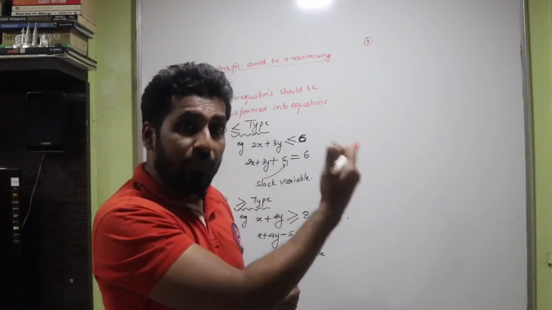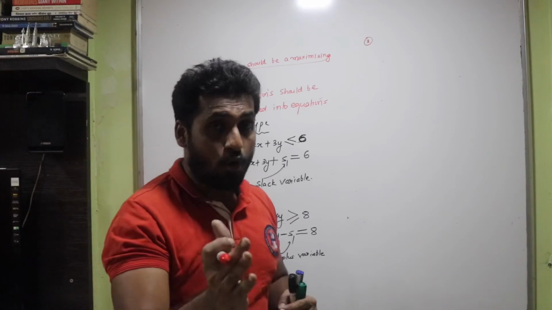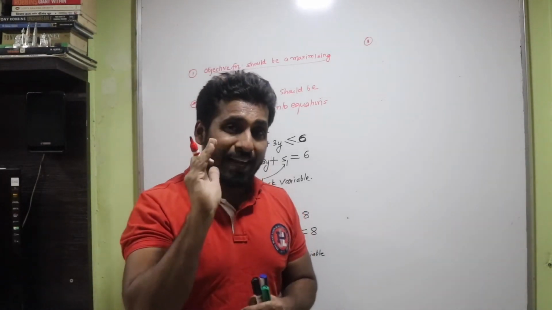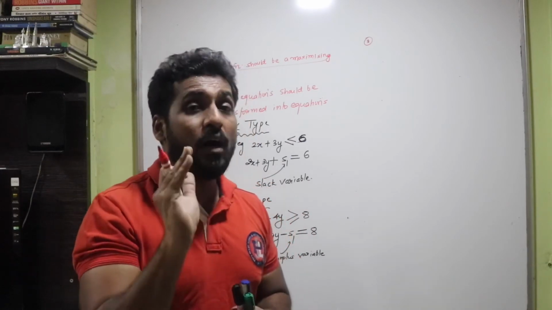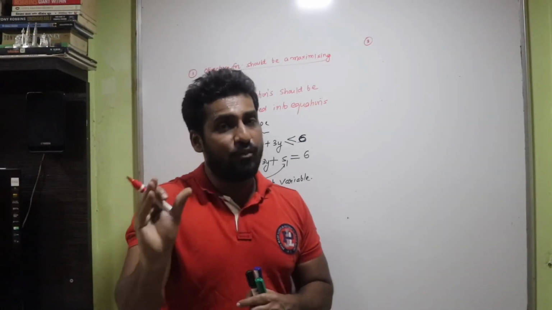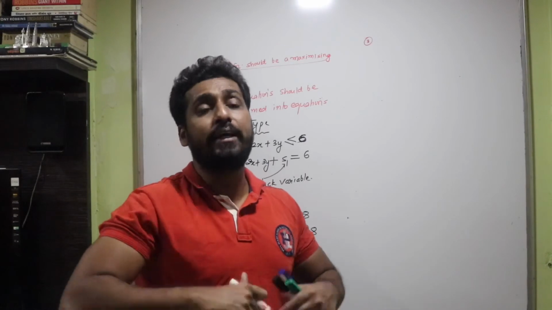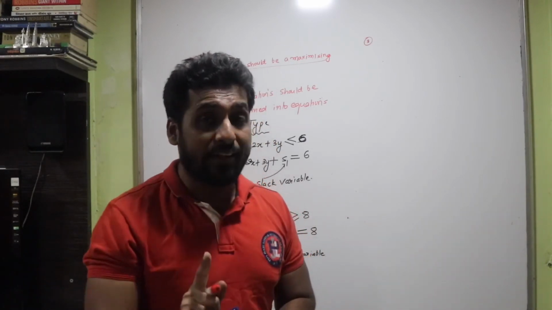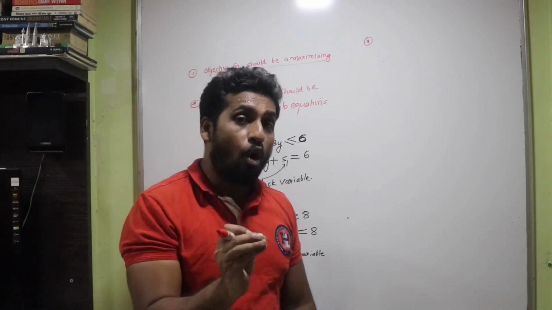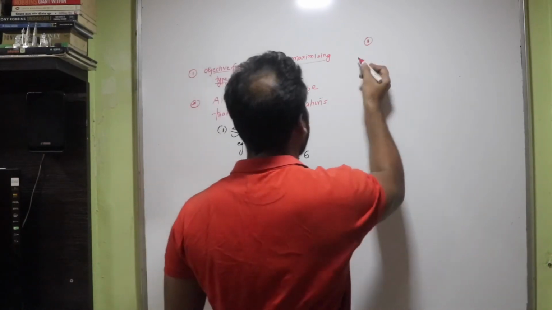Right hand side b1, b2, b3 and so on up to bn, they were called as the stipulations. So this right hand side of the inequation always has to be a non-negative number. So when I say non-negative, it means either it can be a positive number or it can be zero, but it cannot be negative. It has to be a non-negative number. So that's my third rule.